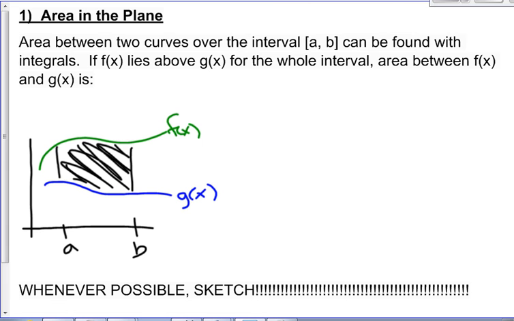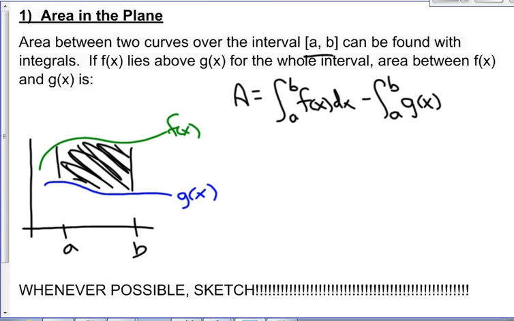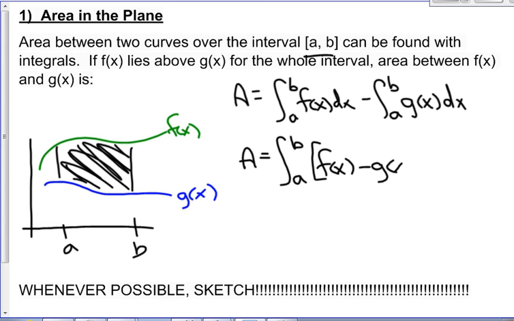So the area between these two curves over the interval AB is this: the integral from a to b of f minus the integral from a to b of g. And because of our integration rules, we can put those together into a single integral. So we have the integral from a to b of f minus g.